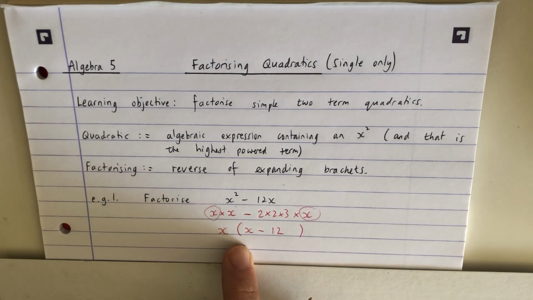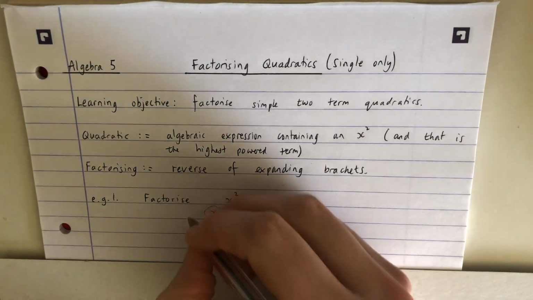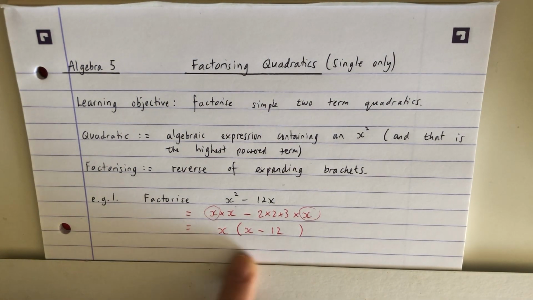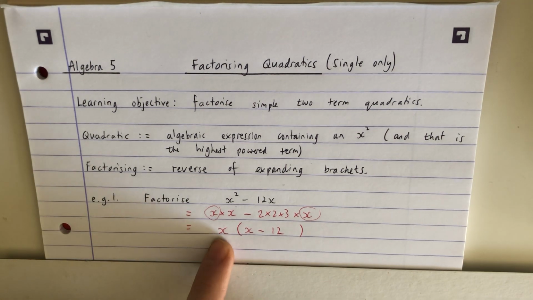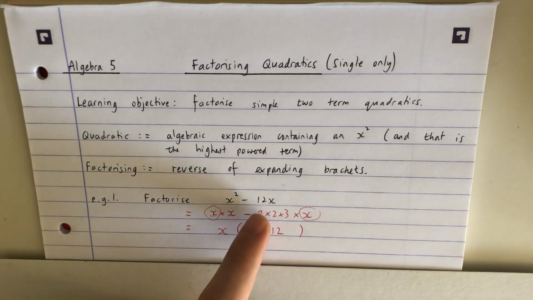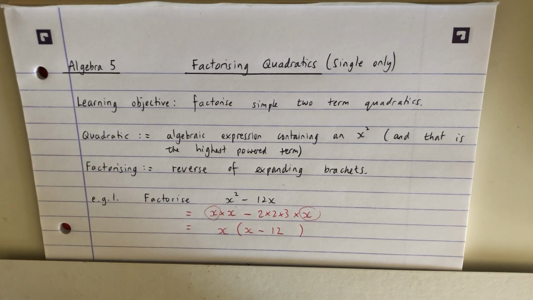Some of you can go straight to that answer, but that's the long way to do it, and it always works. You can always check your answers by expanding the brackets to see if it makes sense. X times x does give you x squared, and x times negative 12 does give you negative 12x. So you know that's right.